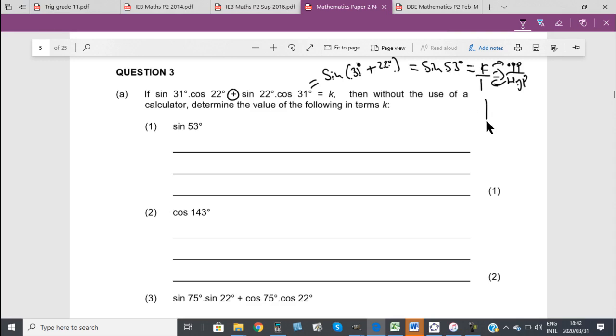So on some right angle triangle, with this angle being 53, the opposite side is K, the hypotenuse is 1. And then by the theorem of Pythagoras, the other side is going to be the square root of 1 minus K squared.